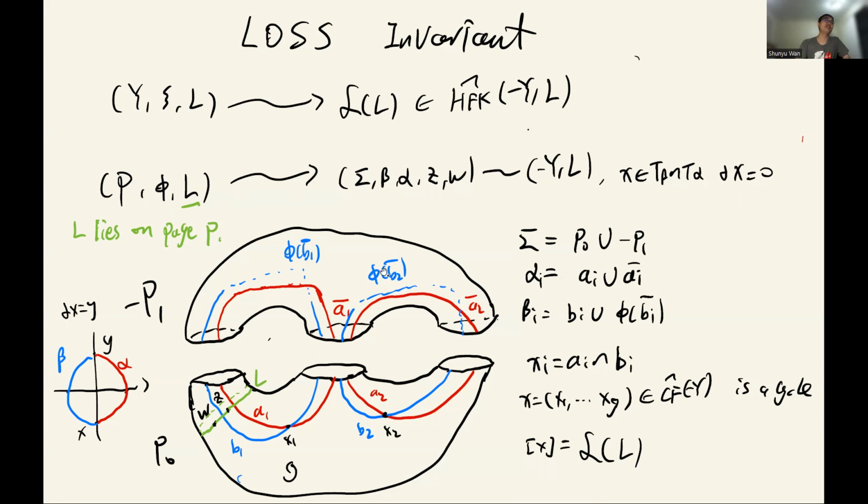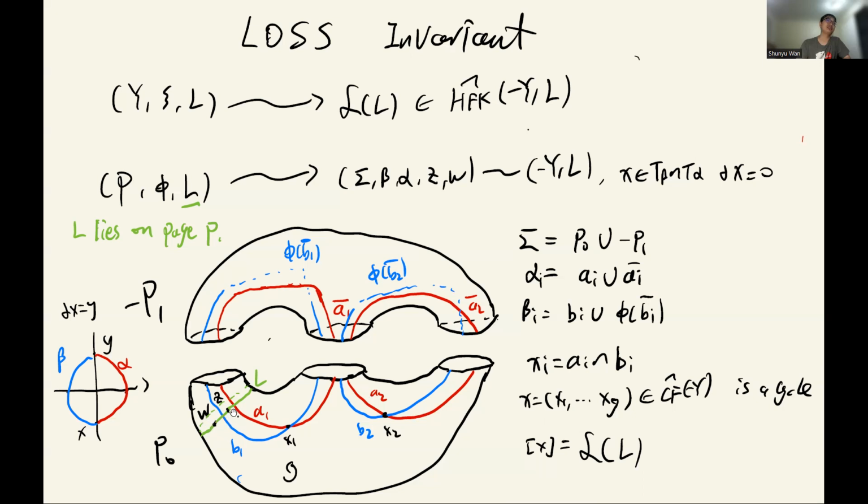So the procedure is basically the same as the contact invariant, but here you need to be careful when you choose your basis for the page. You want your arc a1 to intersect the Legendrian knot L at only one point. Then you take the parallel copy of a1, your b1, and you put z between the strip and w outside the strip.